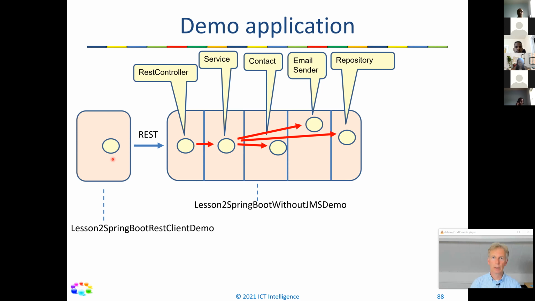That's a standalone application that you start and stops automatically. That's a standalone application on itself that you can run anywhere, you can deploy it anywhere. That's what I mean with a standalone application. That's that lesson 2 Spring Boot REST client demo. You can start it as many times as you want.